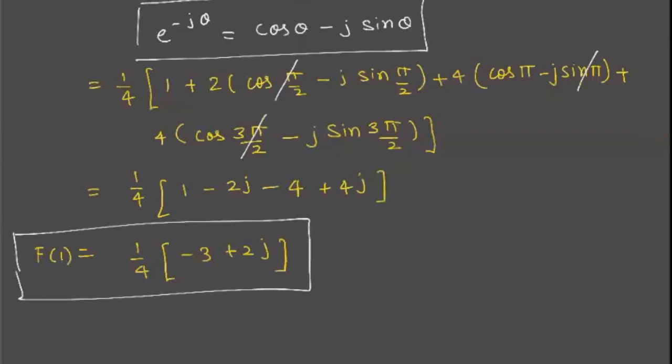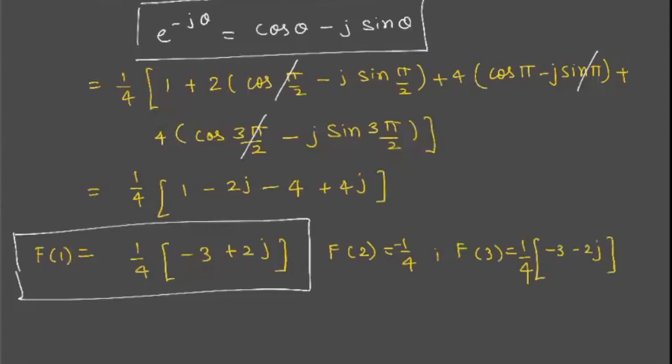Similarly, you have to calculate f of 2 and f of 3. Now, let us look at what we will get if we want to go back from our Fourier term to the spatial term. Similarly, I will only write the answers here. F of 2 will come out to be 1 by 4 times minus 1 and f of 3 would be 1 by 4 times minus 3 minus 2j.